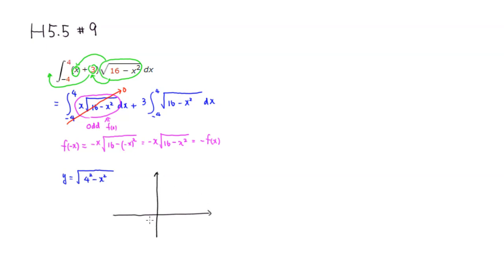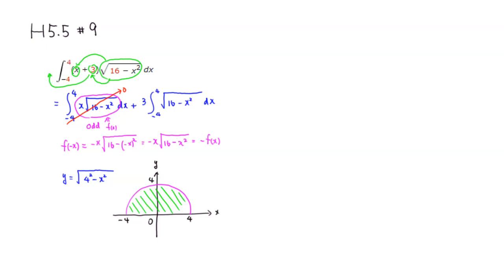So you would have a picture which looks like this. Its radius is 4, so it goes from -4 to 4. So we're looking at the region starting from -4 all the way to +4.